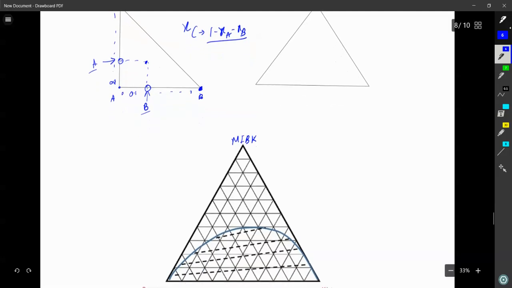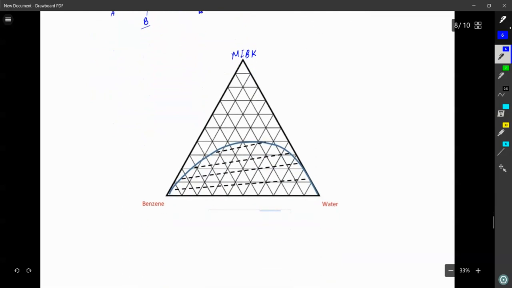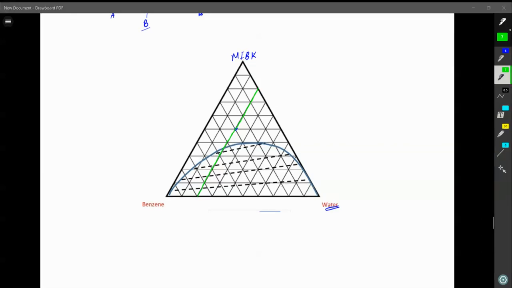And then let's go to a triangular diagram. So in triangular diagrams, how do you measure? Let's say I want to measure the concentration of water at this concentration. Okay, so I draw a line, and then I measure the perpendicular distance from here.